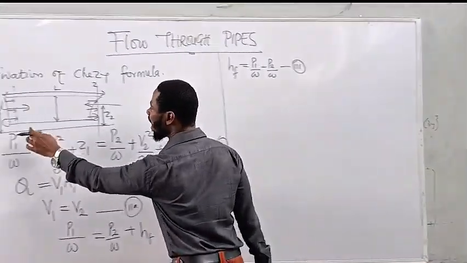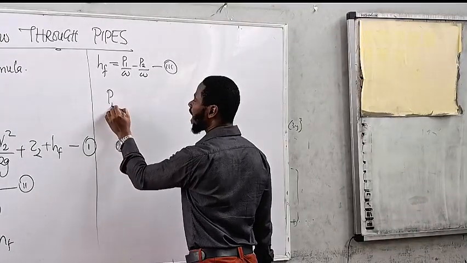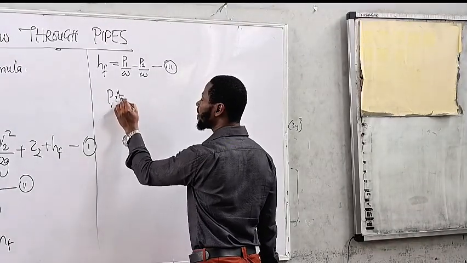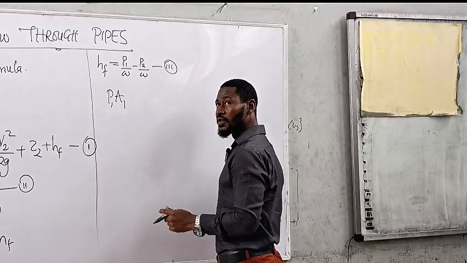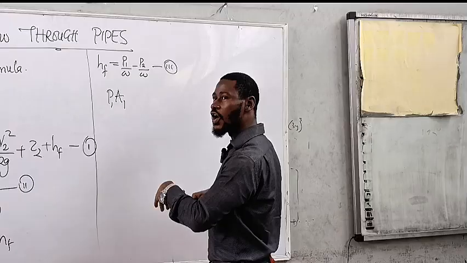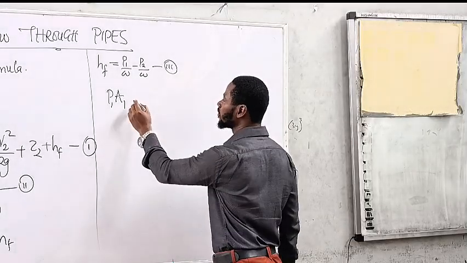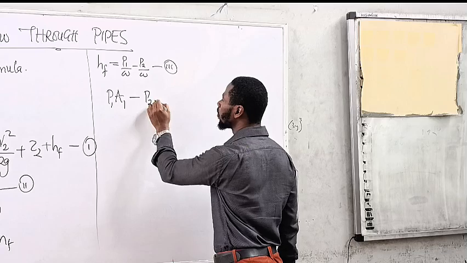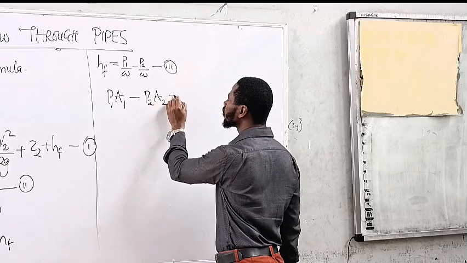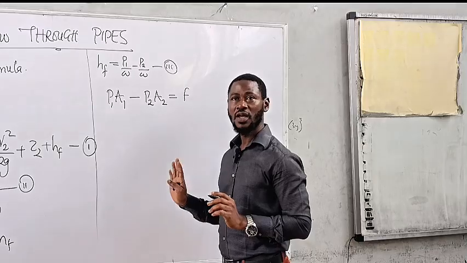So at this level, we have P1, the pressure at stage 1, multiplied by the area at stage 1. Since they are moving in opposite directions, P1A1 minus P2A2 equals F. Note this equation.